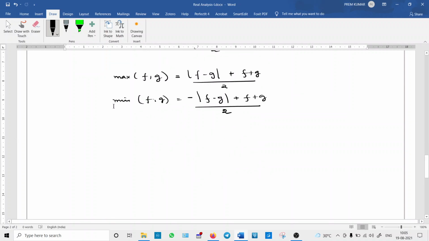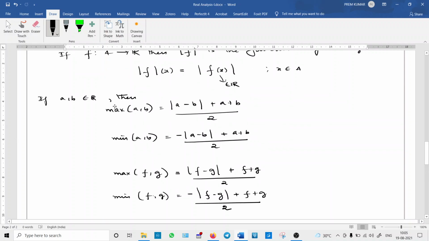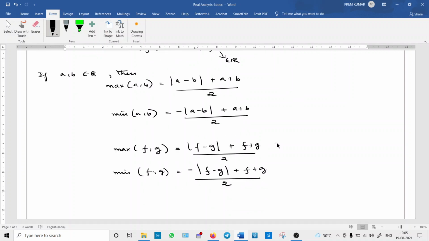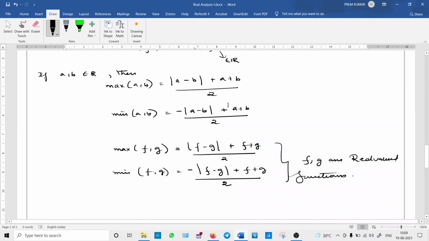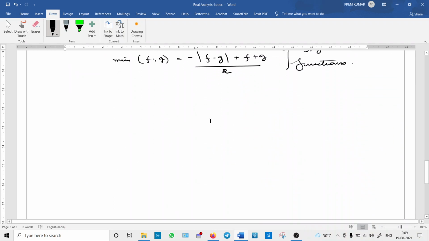So these are definitions, but both f and g are real valued functions. So this is the thing.